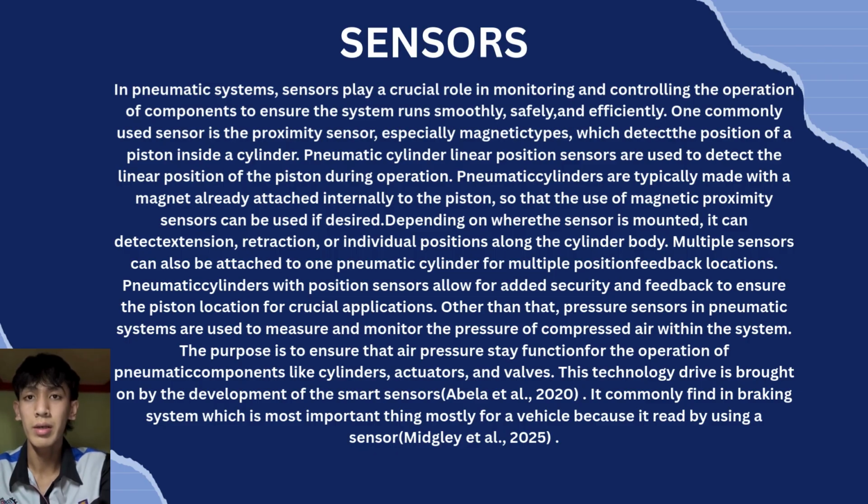This sensor provides feedback for extension and retraction movement. Pressure sensors are also used to monitor air pressure levels and prevent the system from operating beyond safe limits. The integration of sensors improves reliability, repeatability, and operational safety.